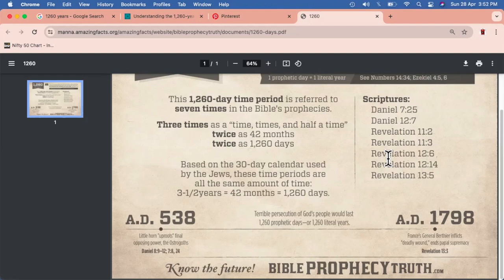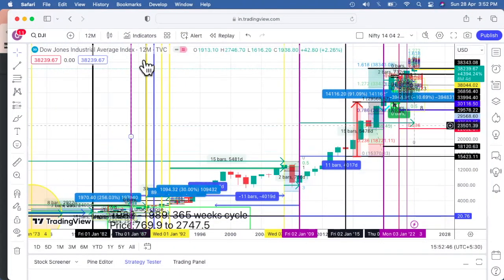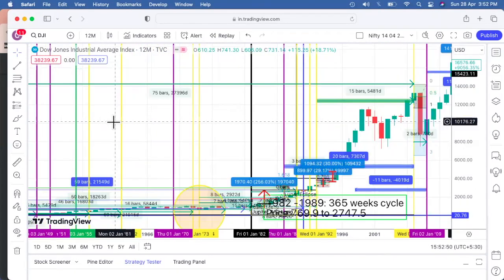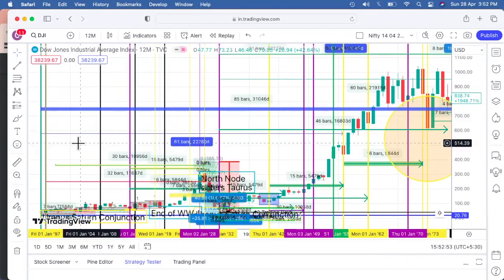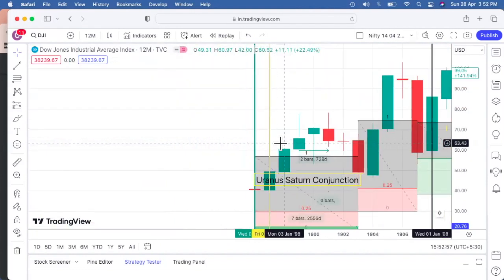Now, the basic thing is, yes, we don't have sufficient data to backtest this. If I specifically go for Dow Jones and consider a yearly candle, which is 12 months, what we see is the first initial trading data that we have is somewhere from 1896 onwards.